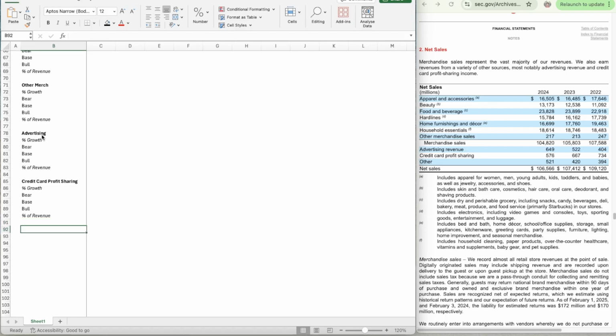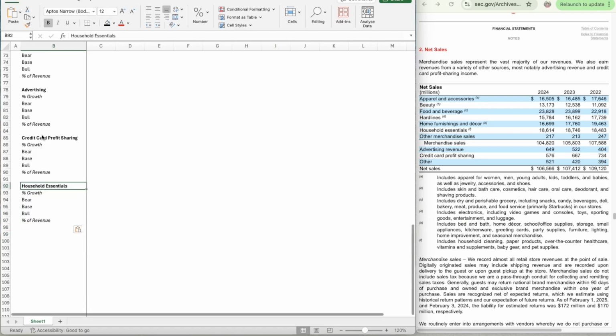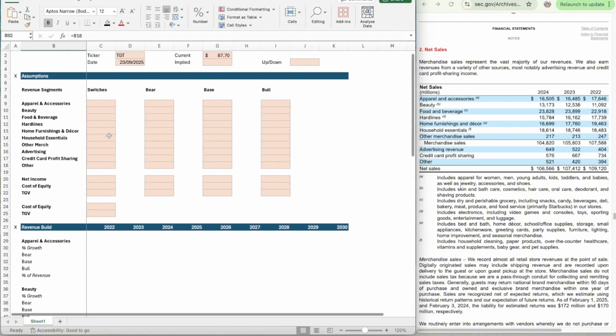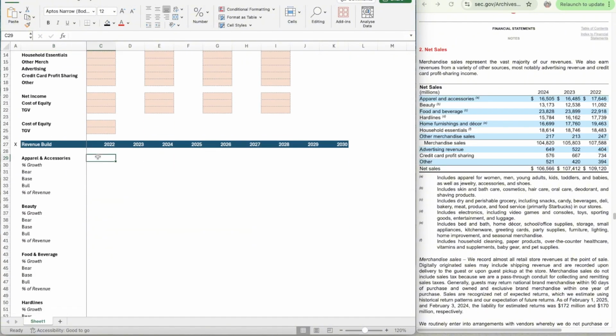B17, then last one. Okay, it shouldn't take us too long to do all of these, but let's just blast through them.